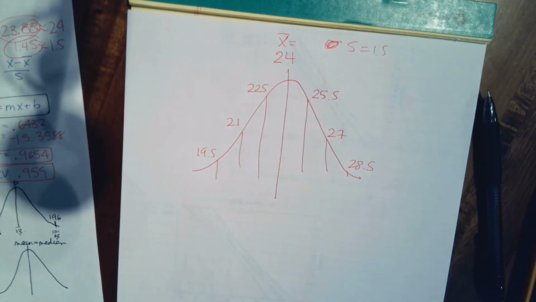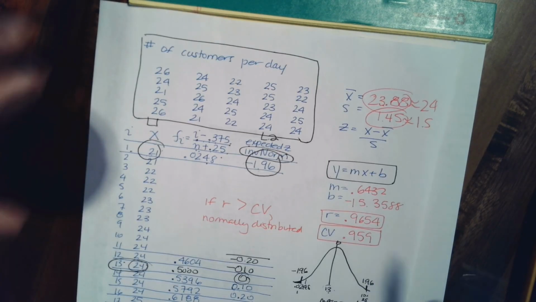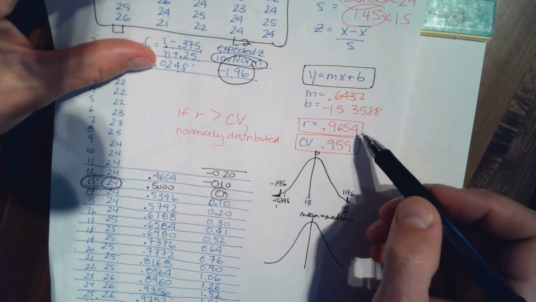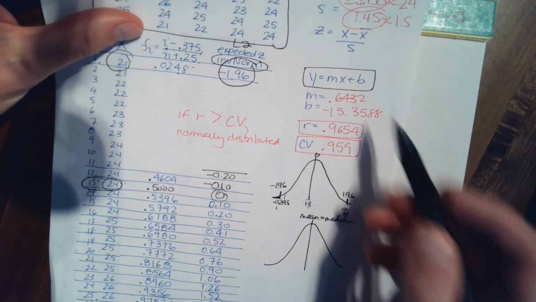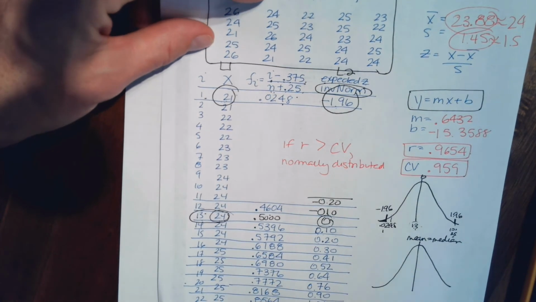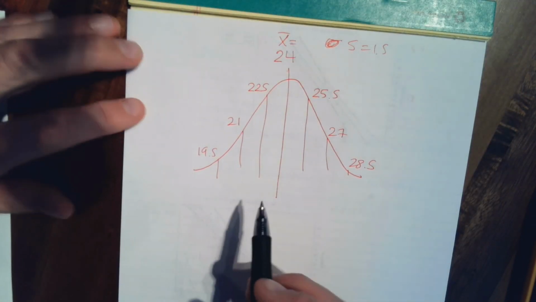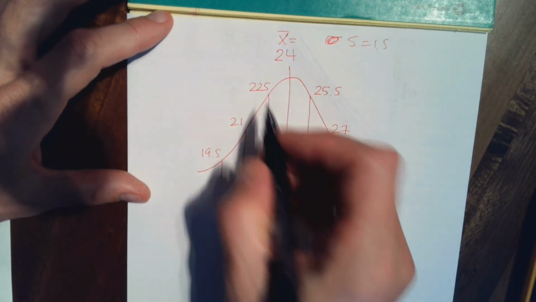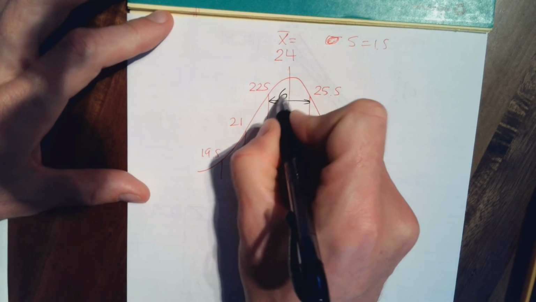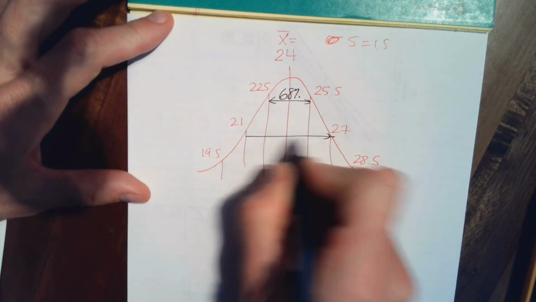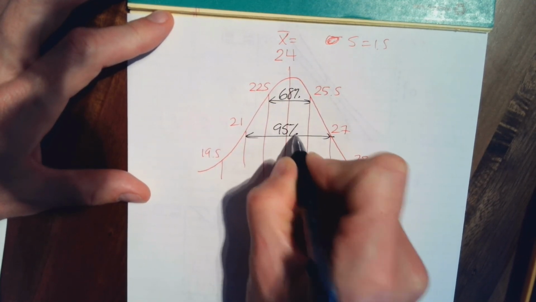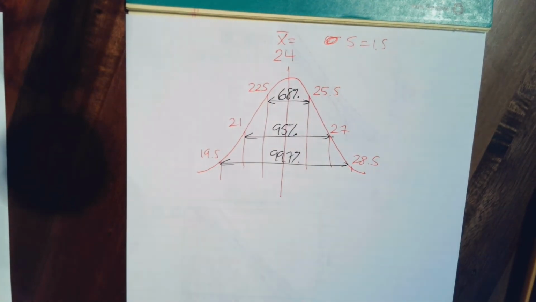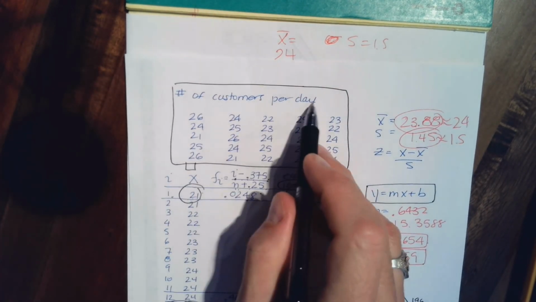So the normal probability plot, together with the correlation coefficient compared to this, leads me to believe that this data is normally distributed. So I feel comfortable using a normal curve to represent this data. And furthermore, I can now, if I want to, use percentages from the empirical rule and say that, remember, these were the number of customers seen per day.